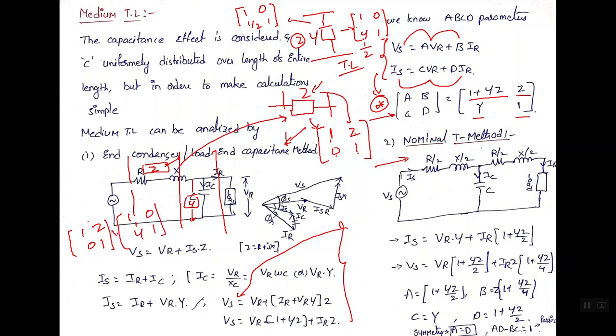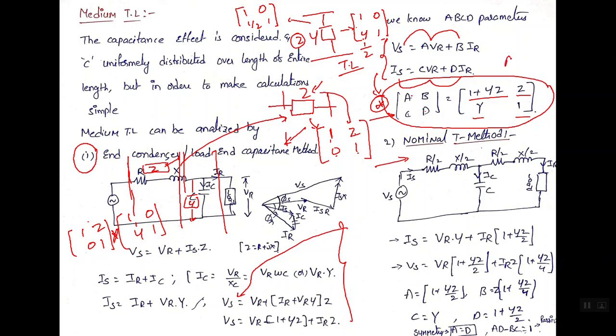So we have to multiply these two. When elements are connected like this, their ABCD matrices are multiplied, friends. If we multiply these two, we get the overall ABCD parameters.